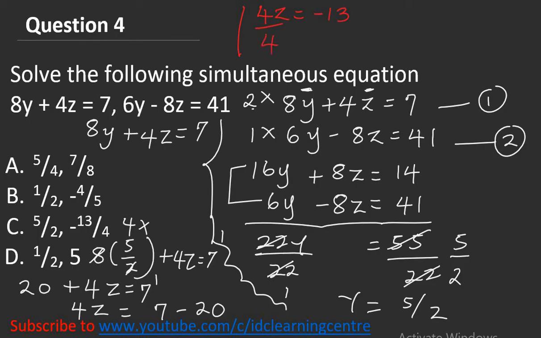Divide both sides by 4 to get the value of z. So z is minus 13 over 4. Remember, y is 5 over 2. So our answer will be 5 over 2 minus 13 over 4.